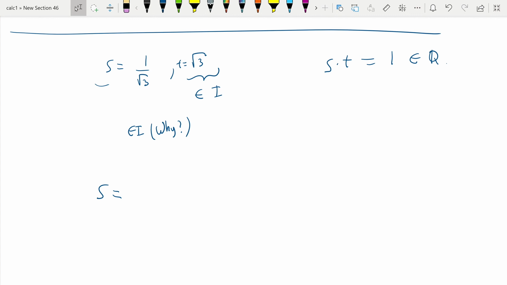Well, yes, it is certainly possible to obtain an irrational number. So suppose S is the square root of 3 over 2, and T is the square root of 2. Then S times T would be equal to the square root of 3, which is an irrational number.